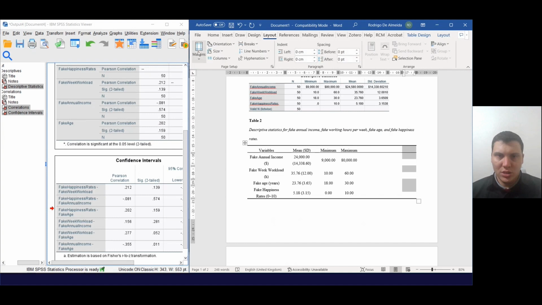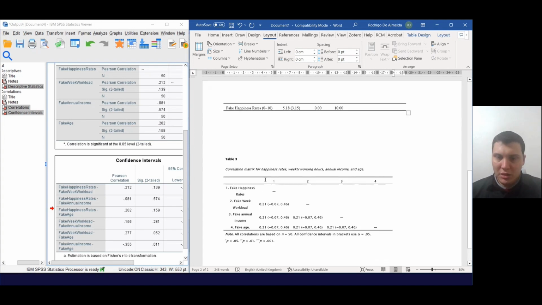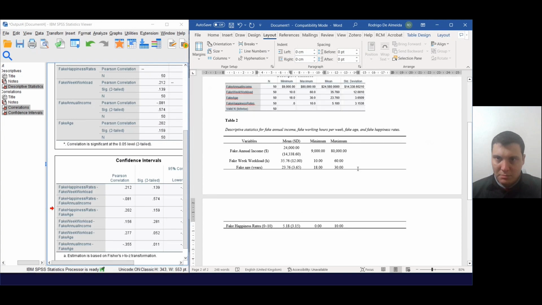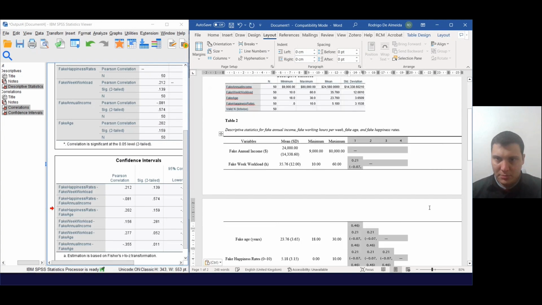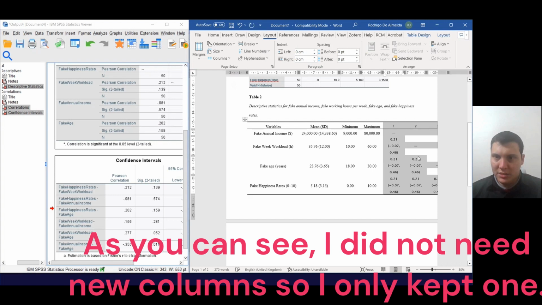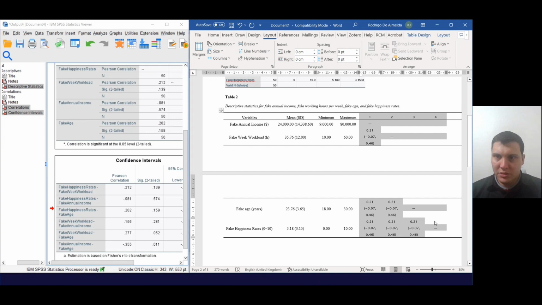Go to layout and orientation landscape. And I'm going to copy these and paste them in here. So I'll just keep one and paste. Right, and now I'll rotate to landscape so we can see it better.